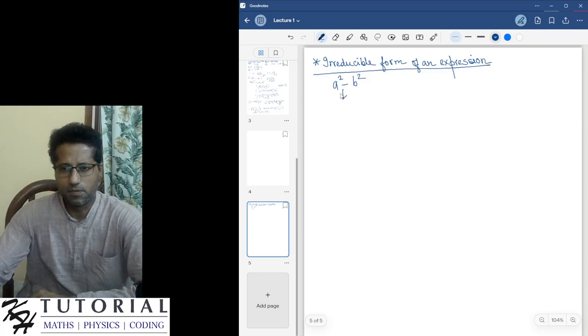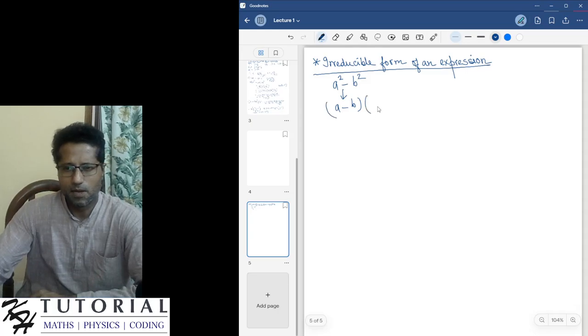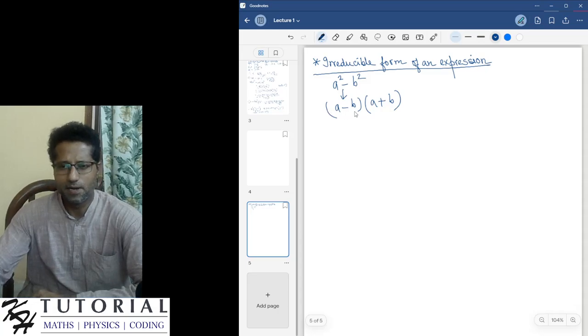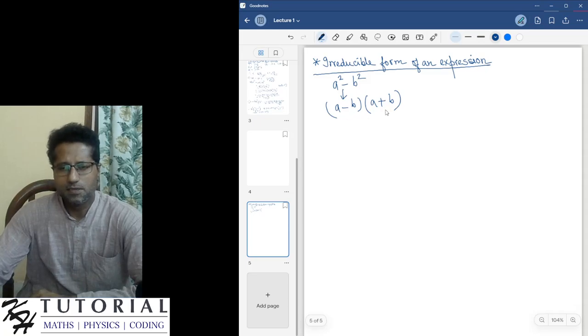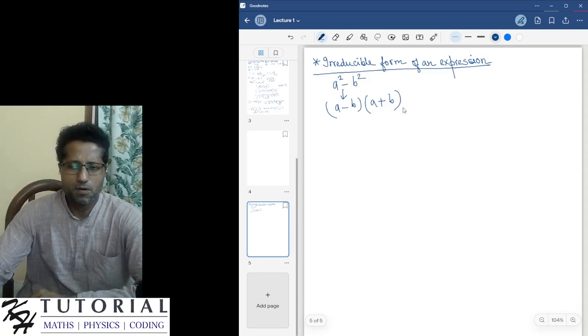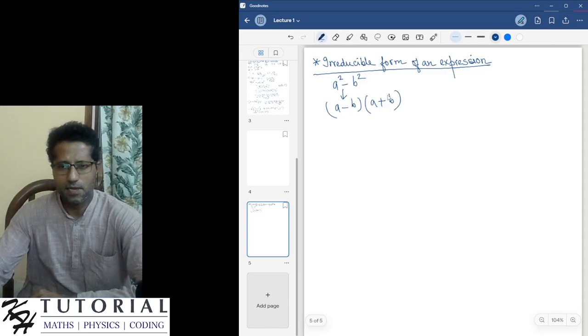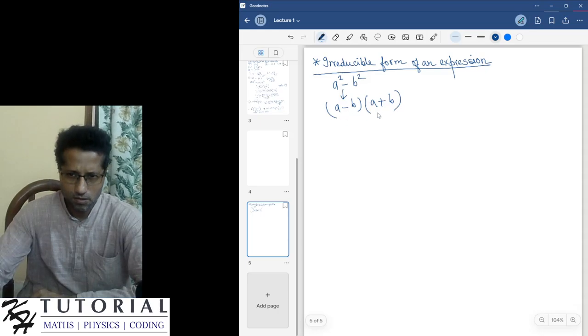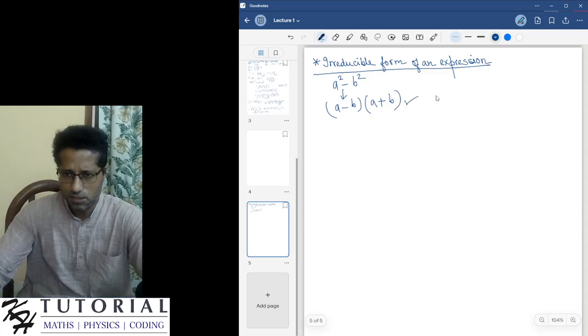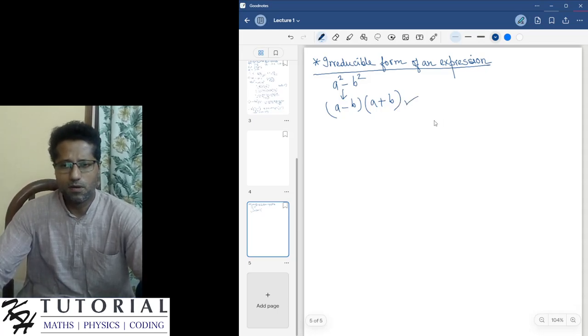From the identity we know this can be written as a minus b multiplied by a plus b. Now we can say that a minus b into a plus b is an irreducible form of the expression a square minus b square, because all the factors in this form are irreducible factors.